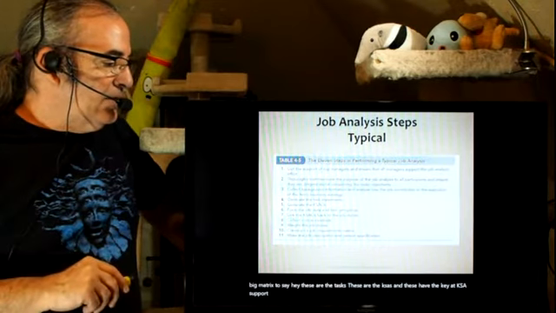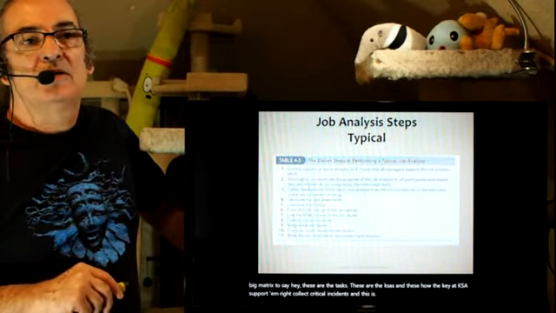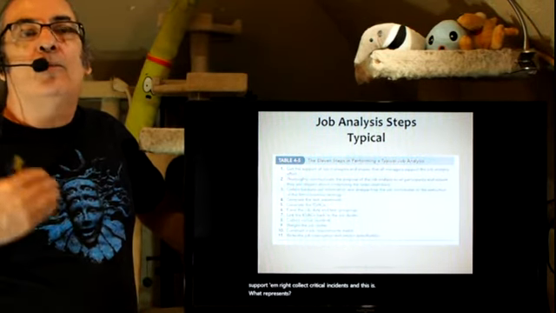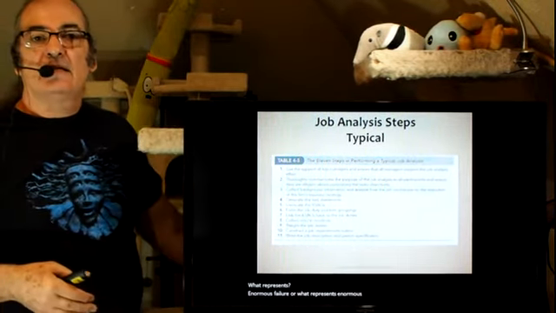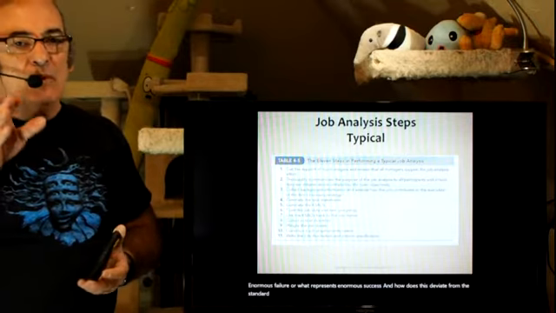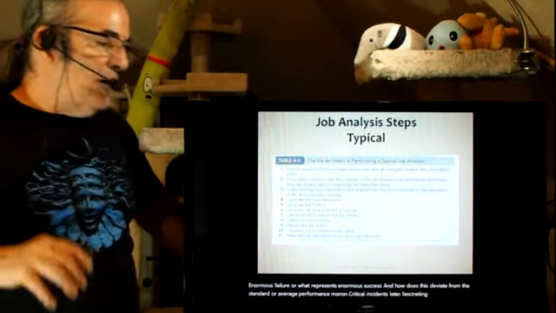Collect critical incidents. And this is what represents enormous failure or what represents enormous success. And how does this deviate from the standard or average performance? More on critical incidents later. Fascinating idea. Weight the job duties.